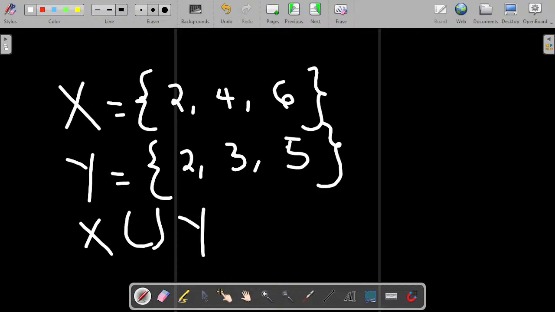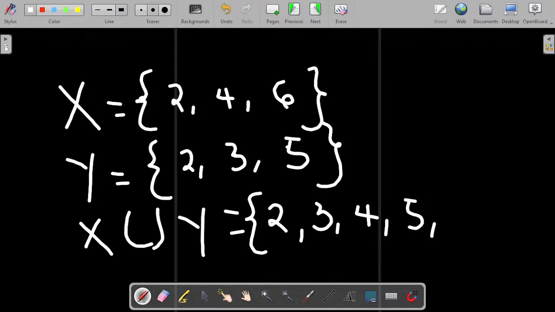Exactly. Although we have 2 in both, you don't go and write 2, 2. You just pick one to give you your X union Y. So the answer will just be 2, 3, 4, 5, and 6. Is it not? So that's X union Y.